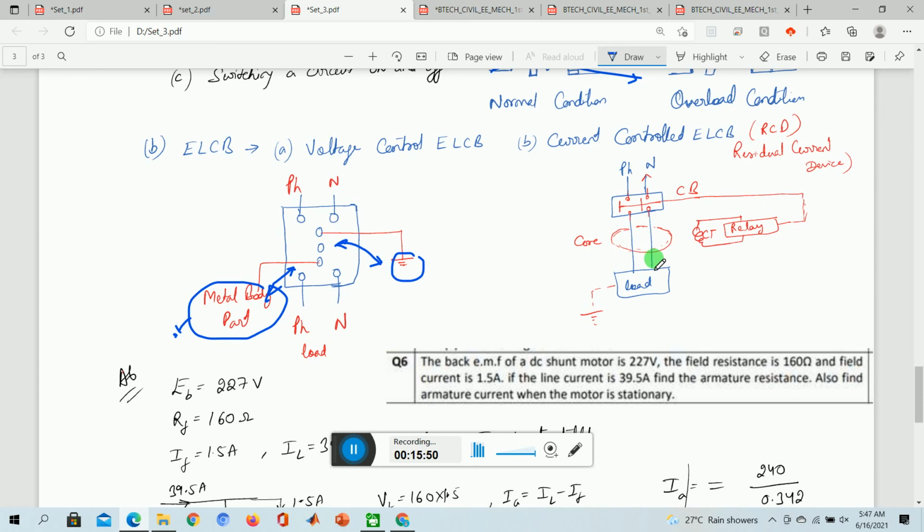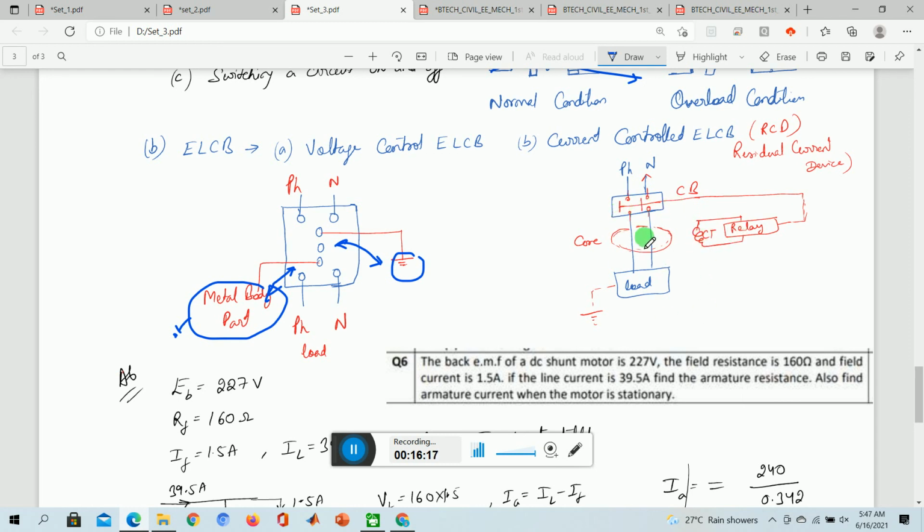Here it is just comparing two things. One is the phase current, and whatever the value of the phase current, the same should be the neutral current, because whatever current is going in, the same should come out. But if there is a difference between the phase and the neutral, it will reflect in the relay, and the relay will trip the circuit, it will open the circuit.